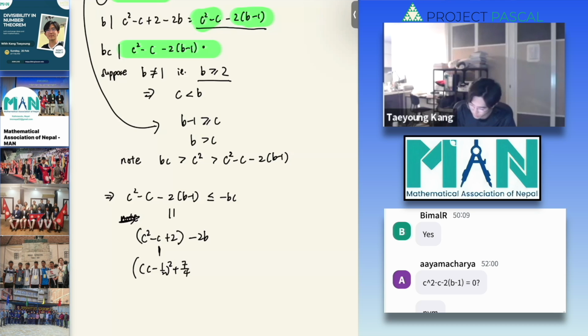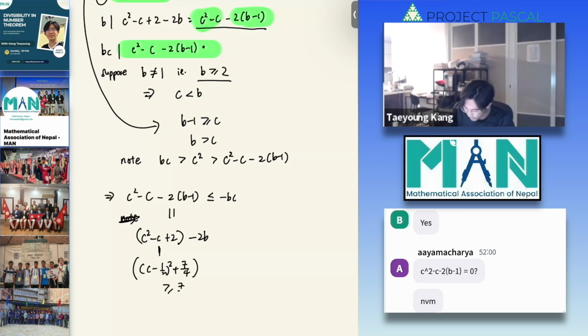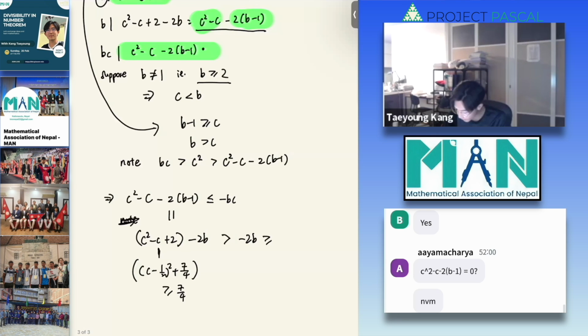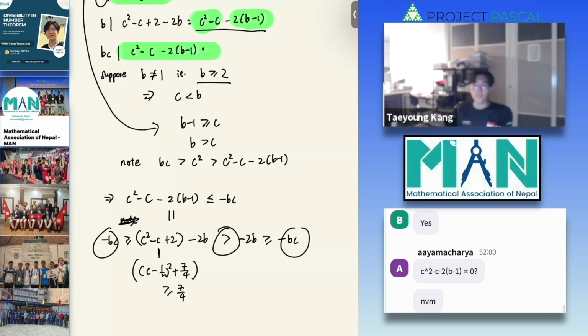So this is at least 7 over 4, so this is definitely positive. So this is less than or equal to minus B, minus 2B, which is clearly larger than or equal to minus BC, right? So this cannot hold since these two are equal, but we have a strictly larger than sign here. There's no equality.